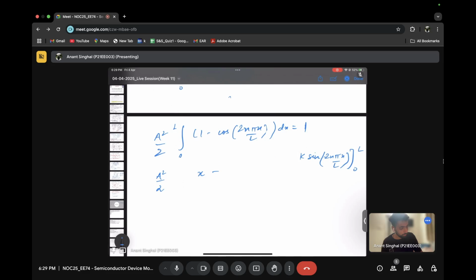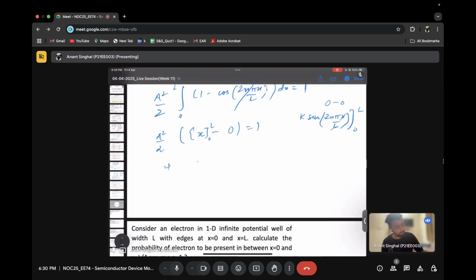If I put L in this, L and L will cancel out. What will be sin 2 n pi? Yeah, and sin 0 will also be 0. So this part will go away. Understood? So only the limit is left with this, that is 0 to L is equal to 1.